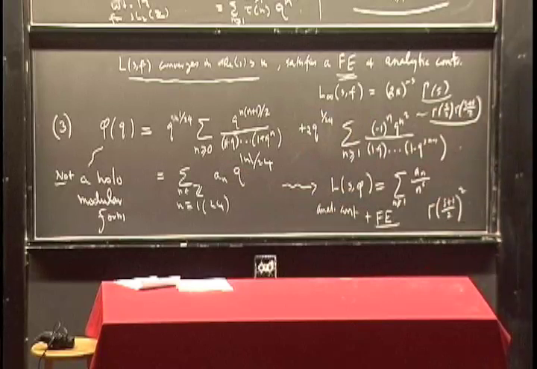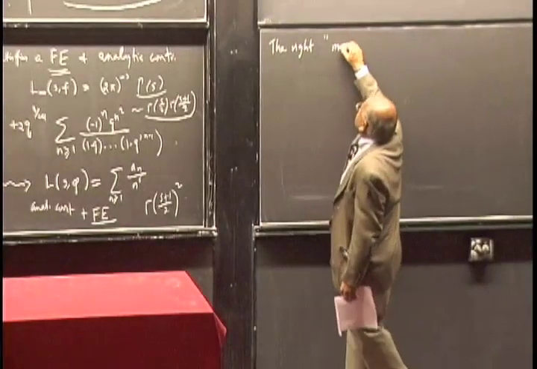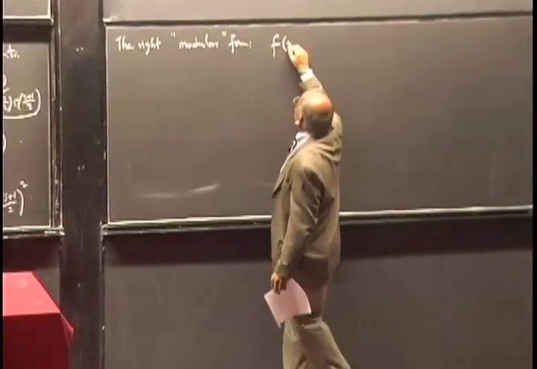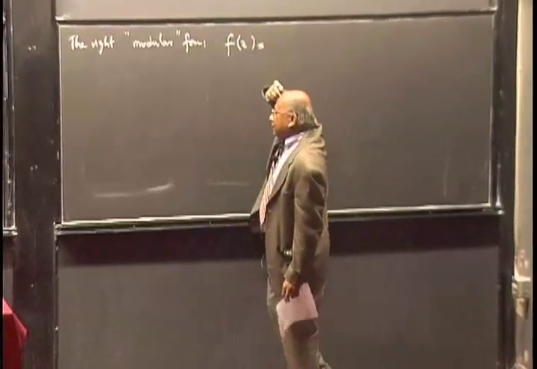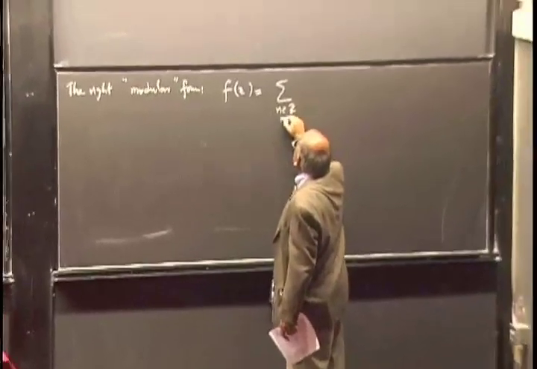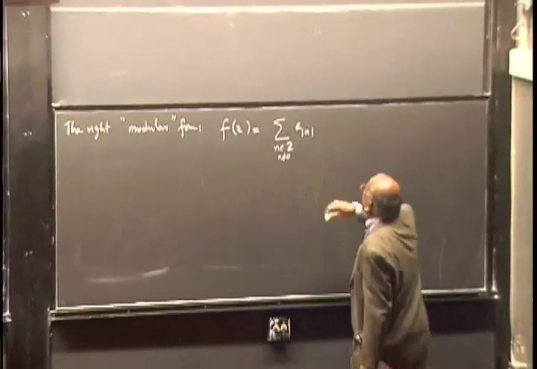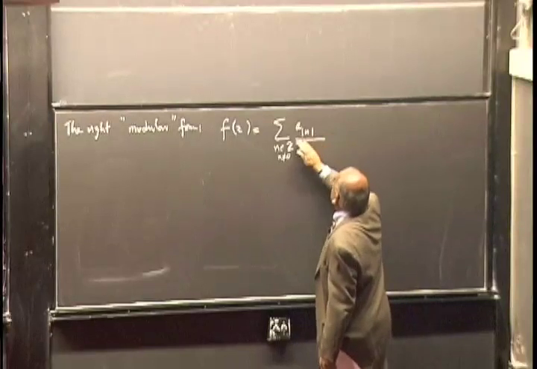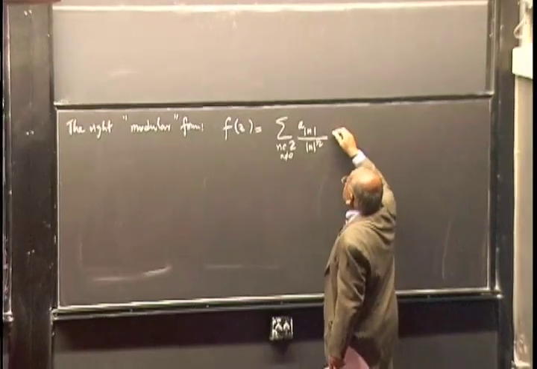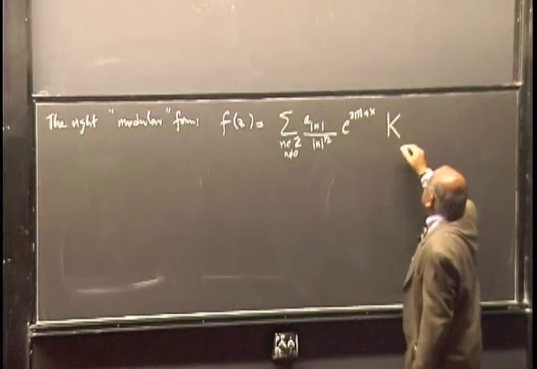Instead the right modular form, of course, it's not a modular form in the classical sense, is something like f of z, where you take the sum over n in z, n not equal 0, the same a n's, divided by the square root of n, and then you have to take, I think I'm going to mess up writing the exact thing, a K Bessel function.